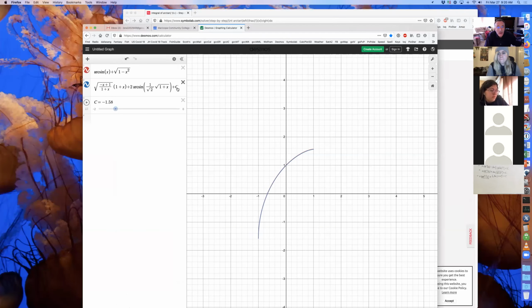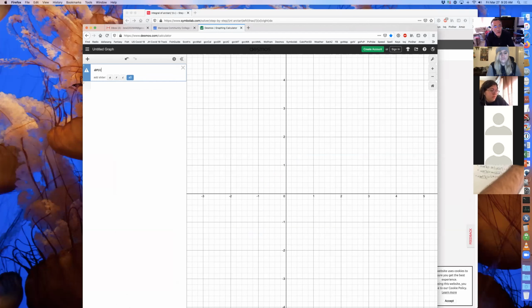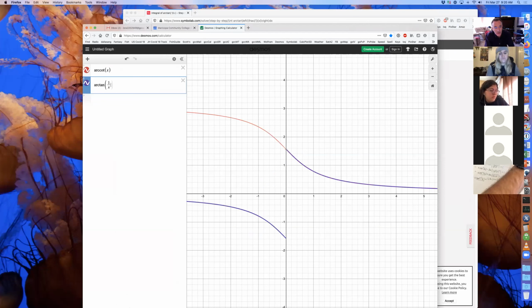Okay, so now we want to check that those two are the same. We're going to put them in here. We're going to say arc cotangent, that looks like that. And then arctangent 1 over x, and that one's going to look like that.